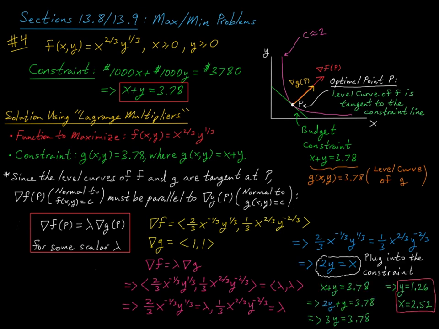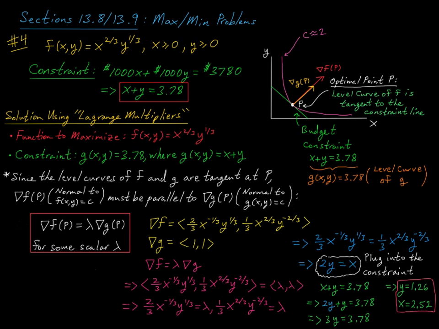Now that I know that 2y is equal to x, how do I go about finding the coordinates of this point P? Well, I know I'm looking for, in particular, a point on the budget line. So what I'm going to do is use this condition and plug that into our constraint curve.